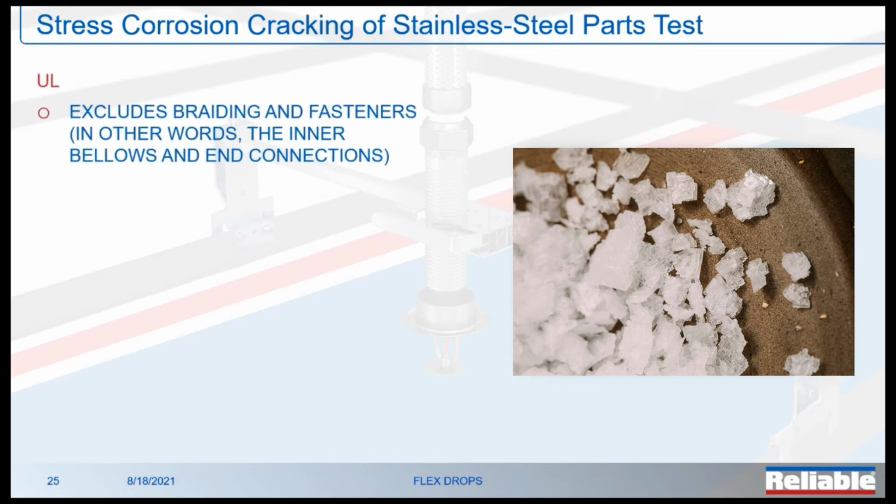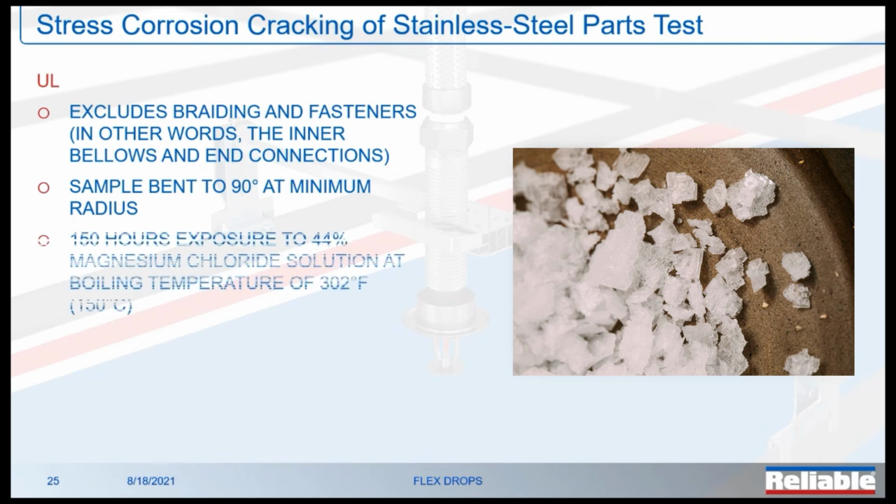This is going to be for stainless steel parts. And this is going to exclude the exterior braiding and the fasteners if you're using stainless steel screws and things like that. Really what we're talking about here again is the pressure holding parts, the ends of the flex and the internal bellows. And this is set up, the sample is bent to 90 degrees at its minimum radius.